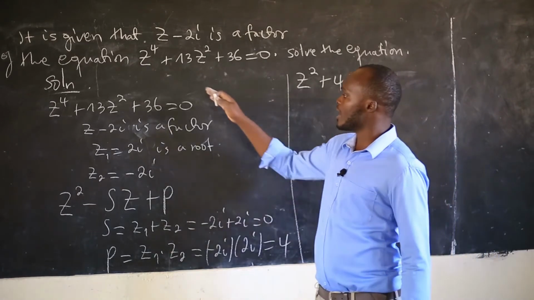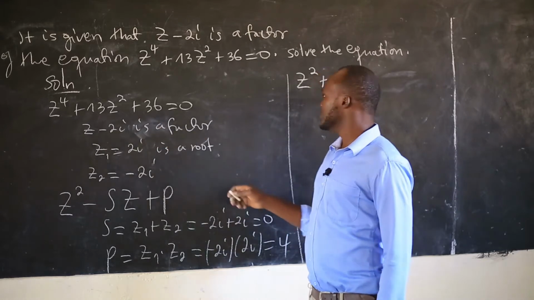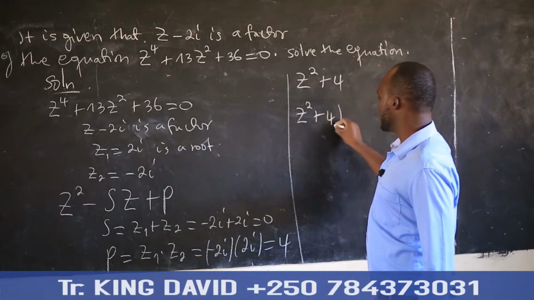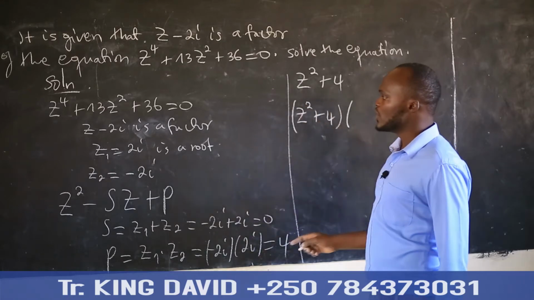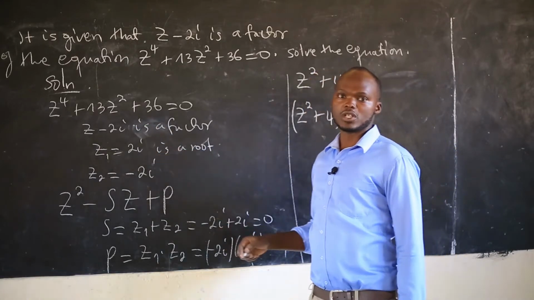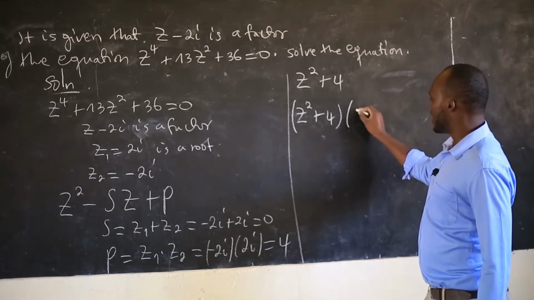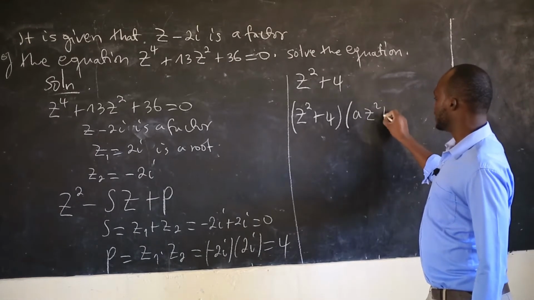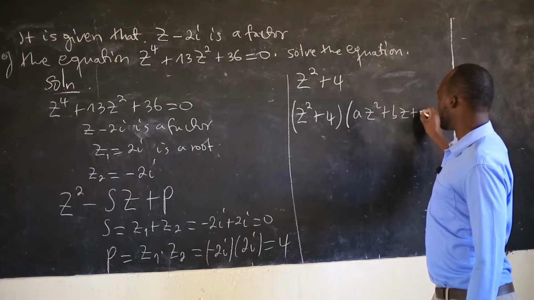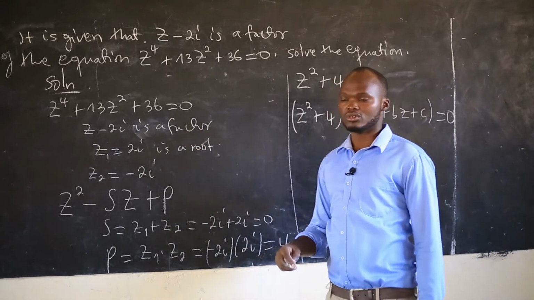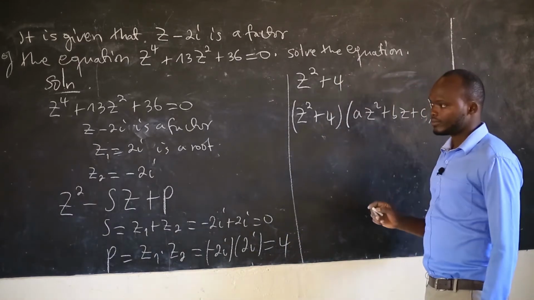But see here, we have power 4. So we will take this quadratic equation times another quadratic equation to form an equation of power 4, which is az squared plus bz plus c, and this whole thing is equal to 0. So we're going to expand this one.